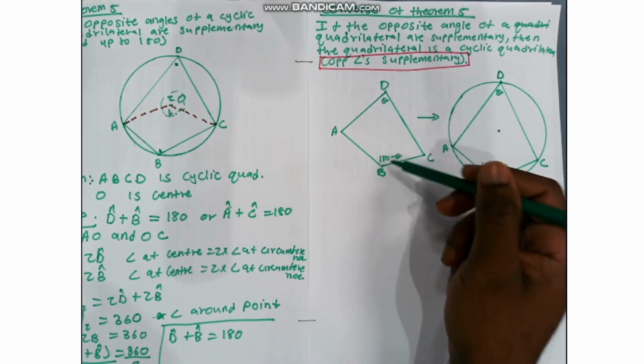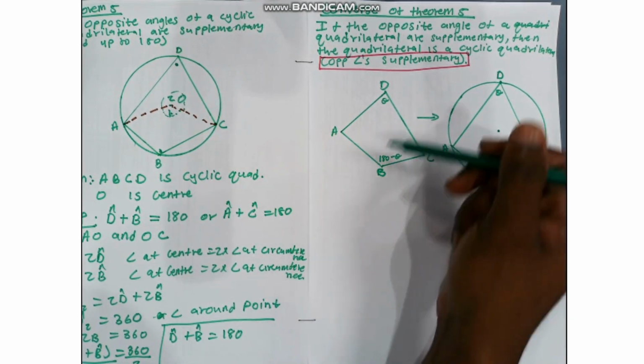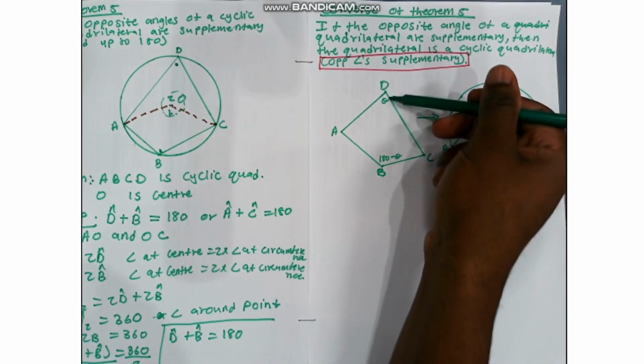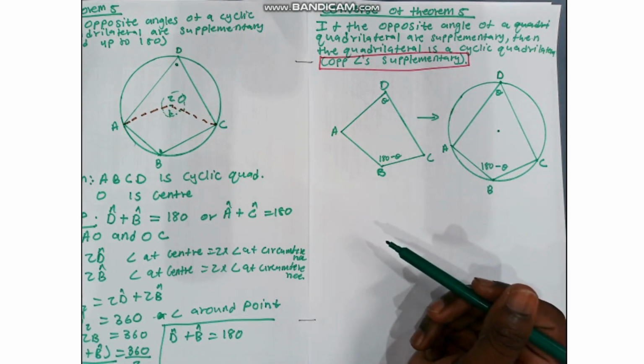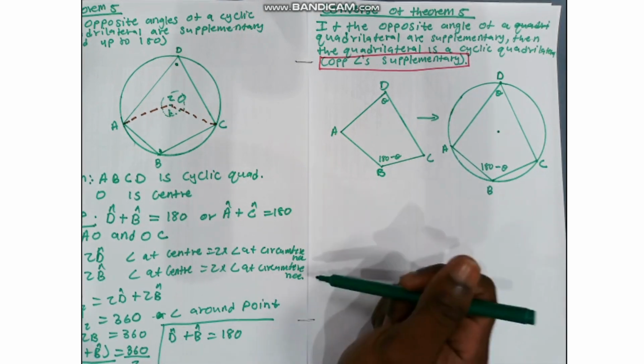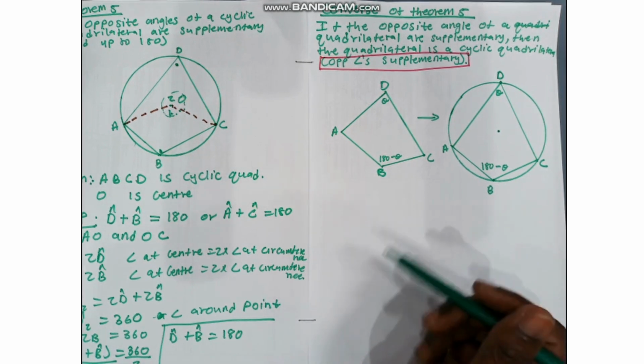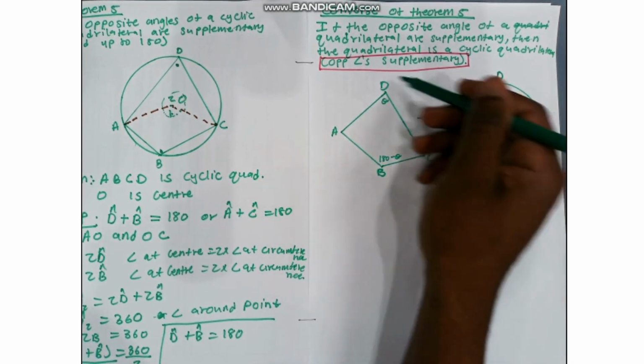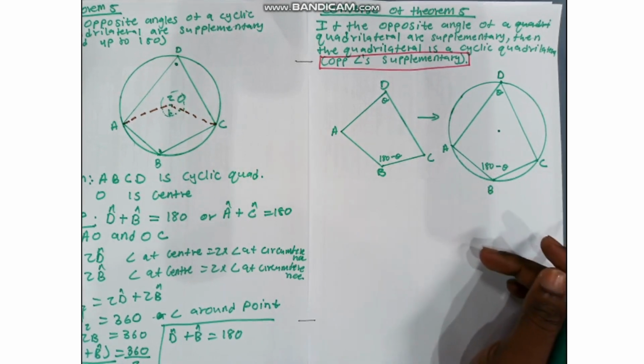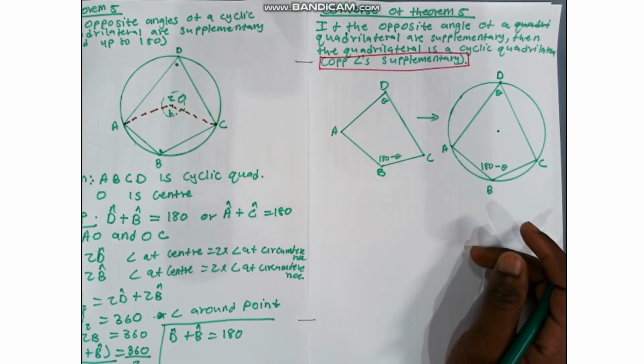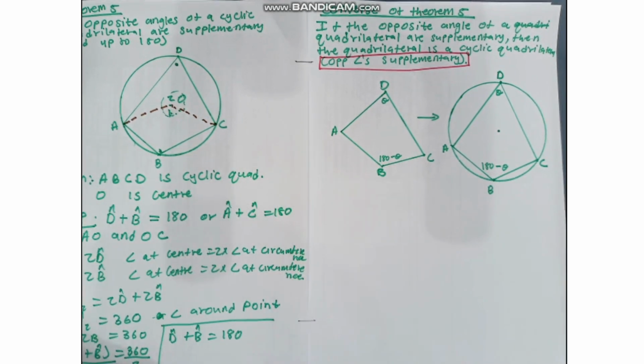These two angles, you prove that they have to give you 180. If it's like that, therefore this quadrilateral is a cyclic quad. I hope you get that one. Thank you so much.